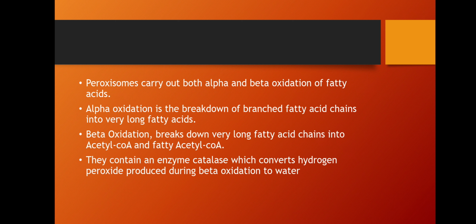As has been mentioned, they carry out both alpha and beta oxidation of fatty acids. Alpha oxidation is simply the breakdown of branched chain fatty acids. Then beta oxidation is the breakdown of very long fatty acid chains into acetyl-CoA and a fatty acyl-CoA.